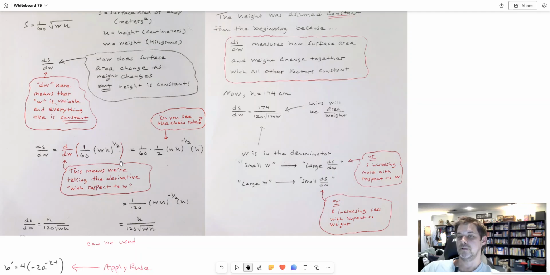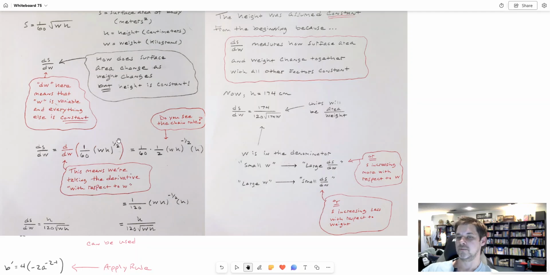You know, the rules of calculus are different for variables and constants. So the way I would do that is I would use the chain rule, because there is a function inside of this root. So first I rewrote the root as the 1/2 power. And then I put w times h inside of that. Here's how the chain rule would work. I'm going to carry this 1/60 into my answer. This power would be written there as a coefficient.